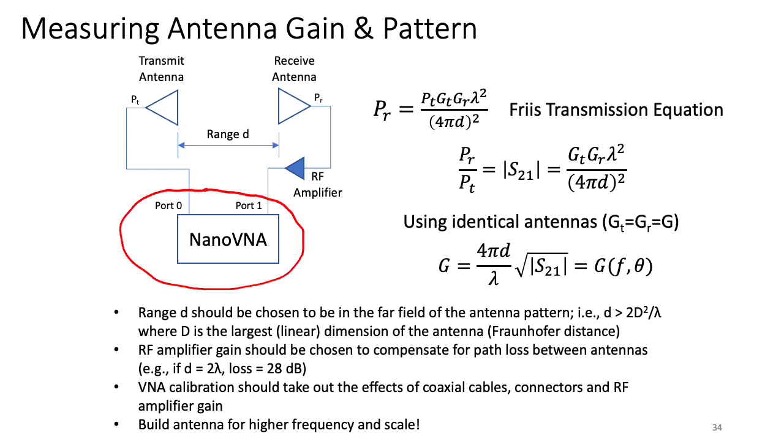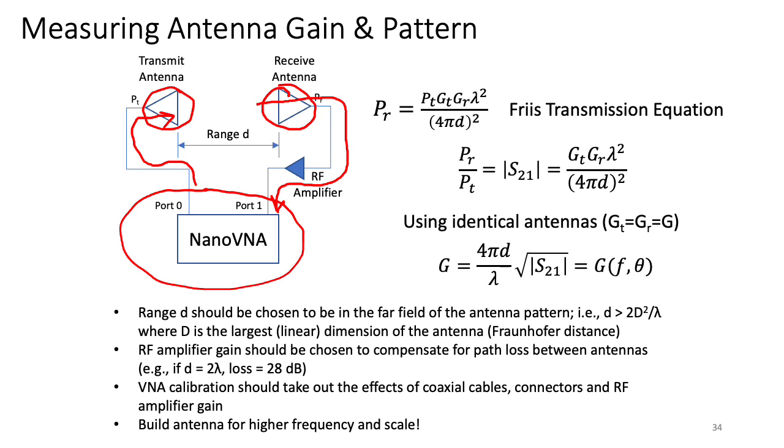Port 0 is my transmit port, and that's attached to an antenna to be measured. And port 1 is the receive port, and that's going to be receiving a signal from another antenna through an RF amplifier. If I make these two antennas identical, then I can determine what their gain and pattern are in the following way.